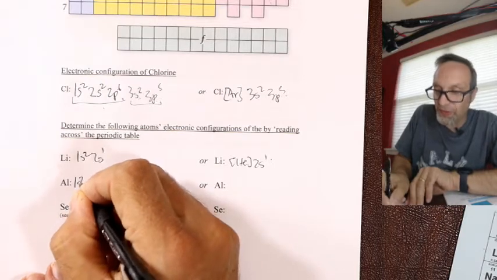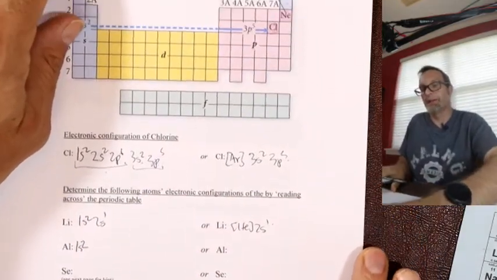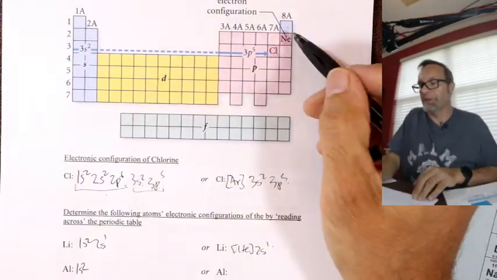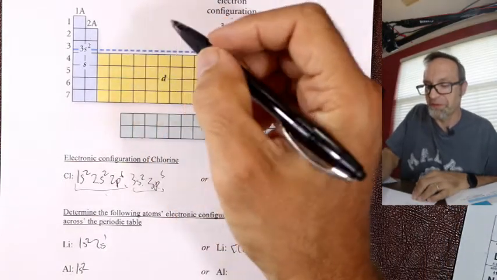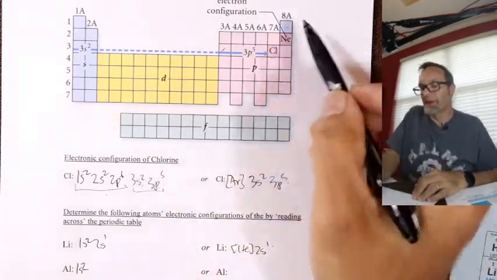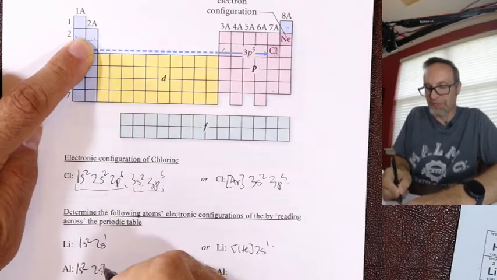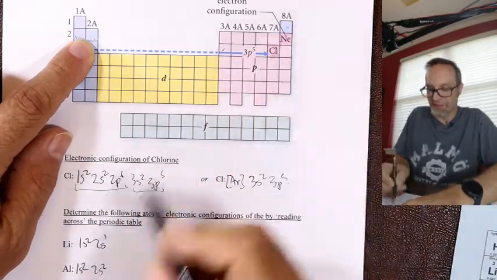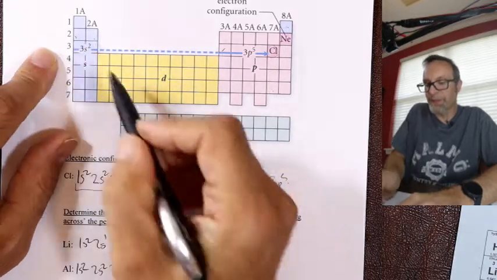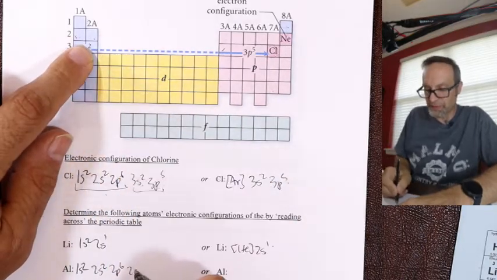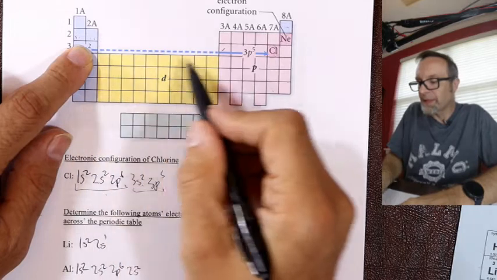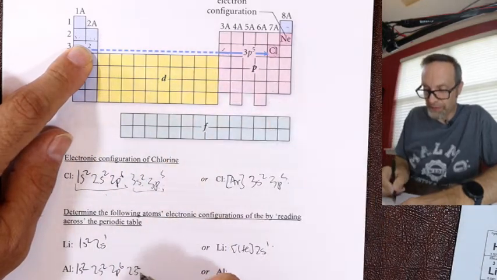So 1s2. Let's run it down. 1s2 gets me to helium. That's right where aluminum is, right? 2s2 gets me to beryllium. 2p6 gets me to neon. 3s2 gets me to magnesium. And then one more.